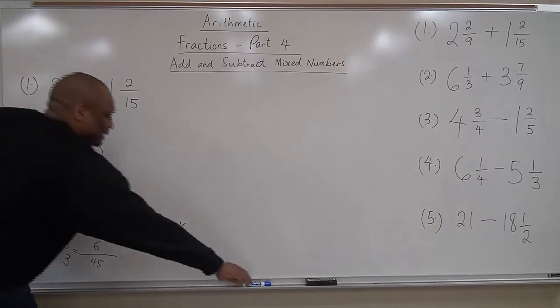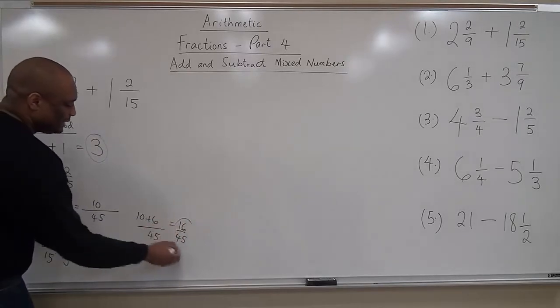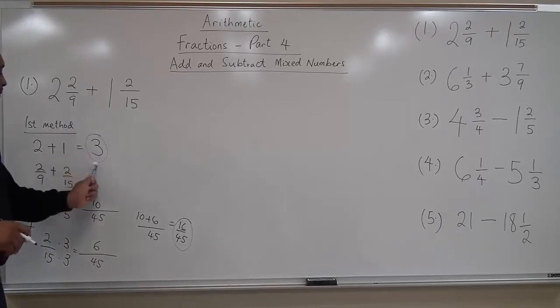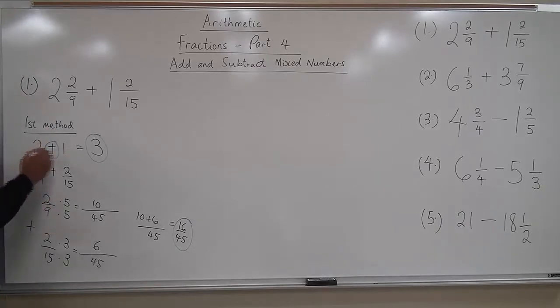So I have this 3 and I have 16 over 45. All I need to do is just combine them. Now this is the plus, and I added this, and also I added this plus. So now I just join them.